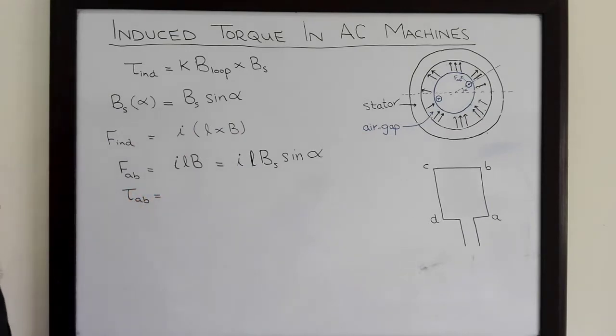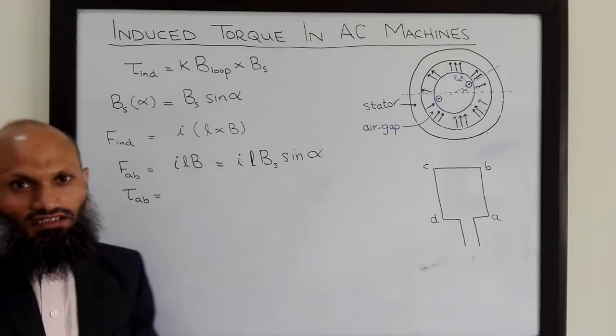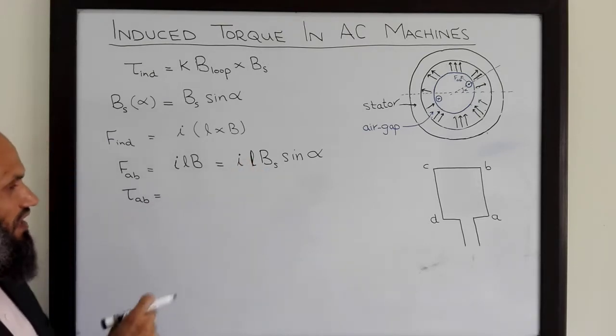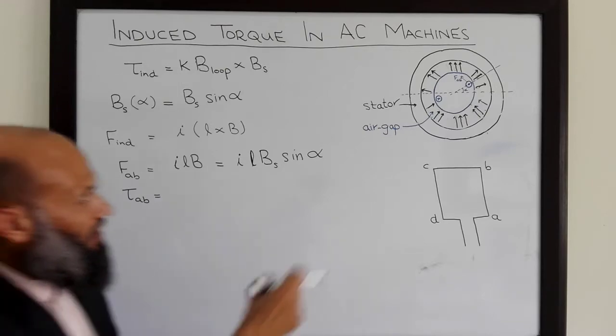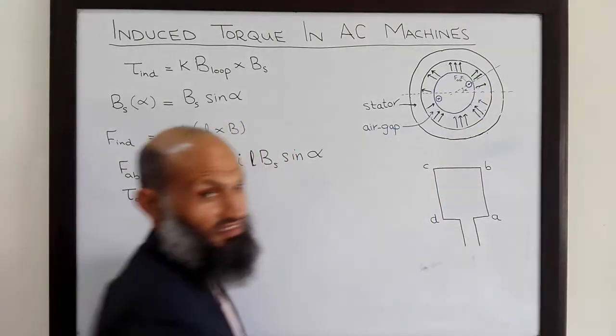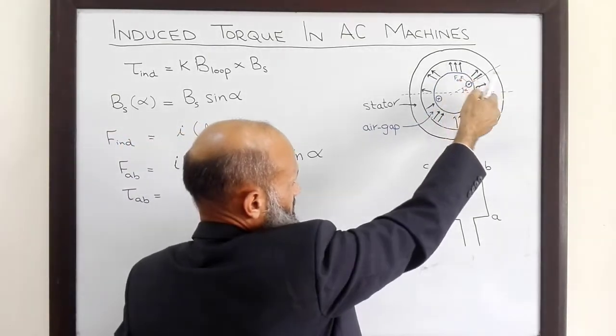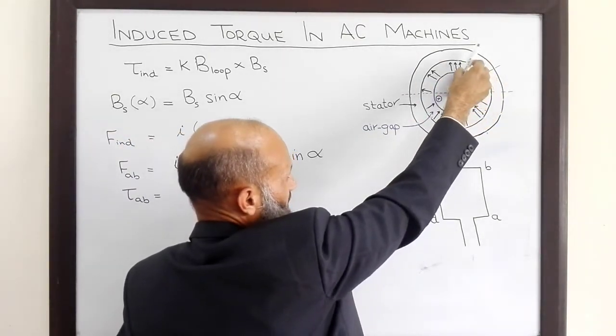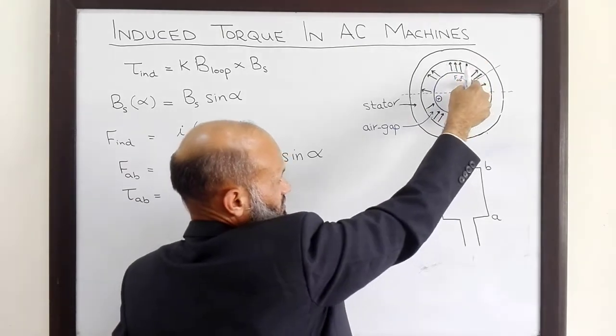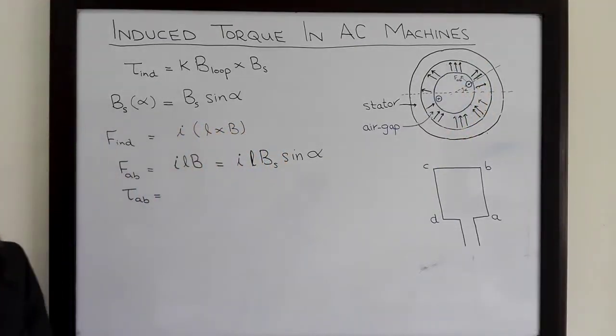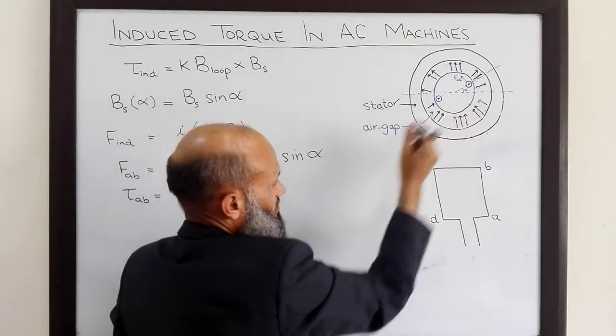Therefore, the torque due to this conductor AB is equal to, you know, the torque is the cross product of R and F. R is this perpendicular distance. Whatever the position of this conductor, as the rotor rotates at every time instant, this force will always be perpendicular to the radius.